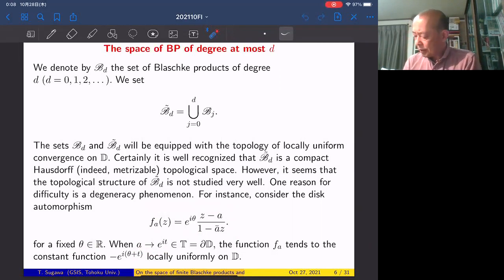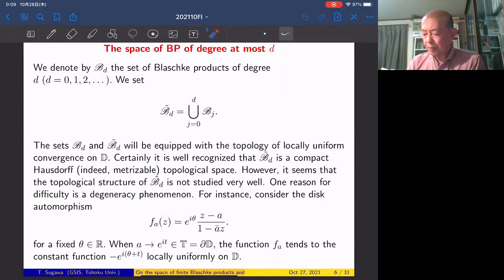Then this function tends to a constant function, locally uniformly on the unit disk. Therefore, in some sense, the degree of the mapping breaks down to 0. So we have some sort of degeneracy phenomenon when some parameters go to the boundary. This makes the topology a bit complicated, I think.